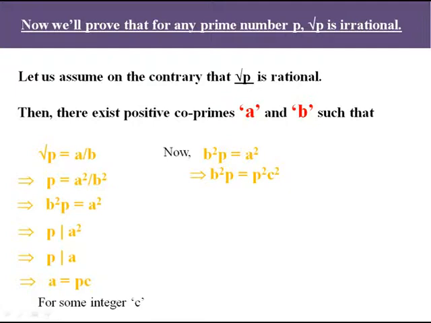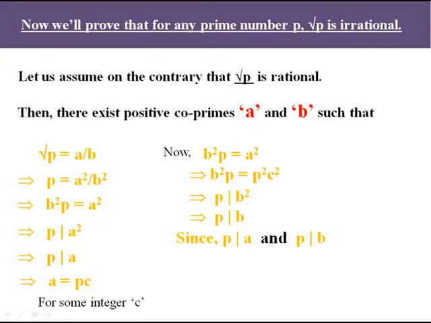So b square p is equal to p square into c square. This means that p completely divides b square. And we can prove that p completely divides b also using the fundamental theorem of arithmetic.